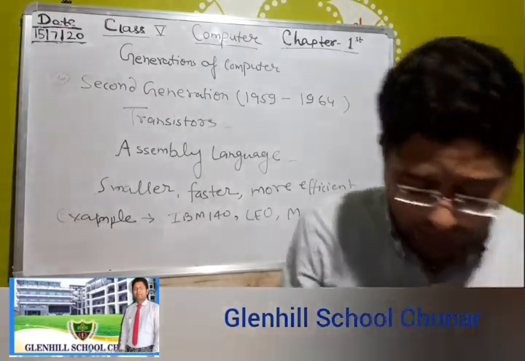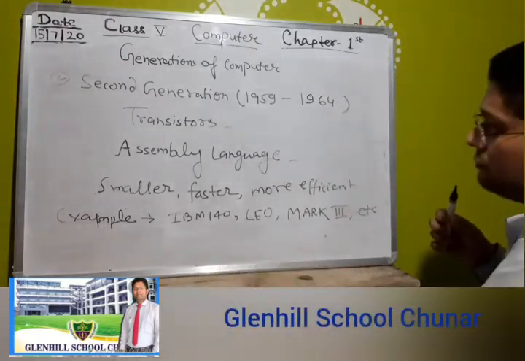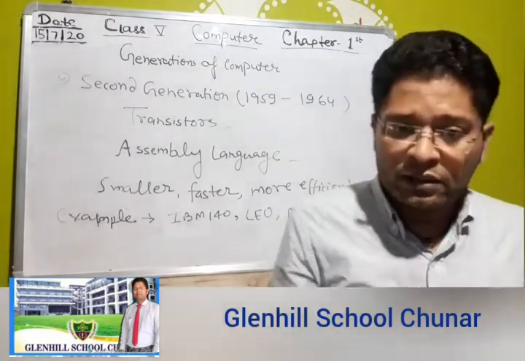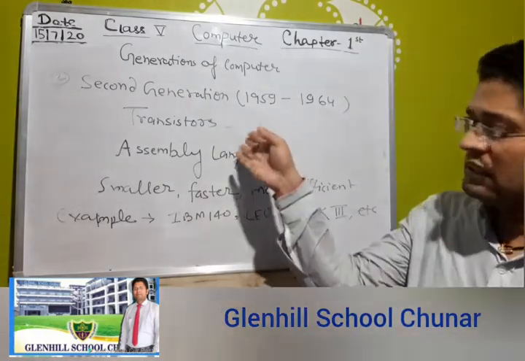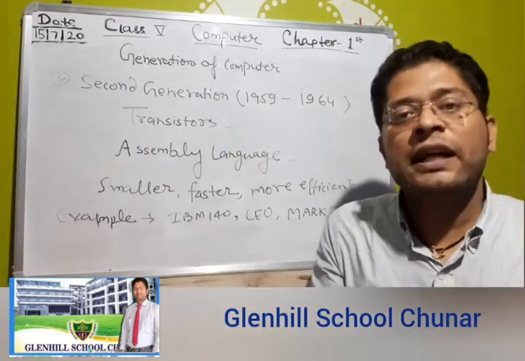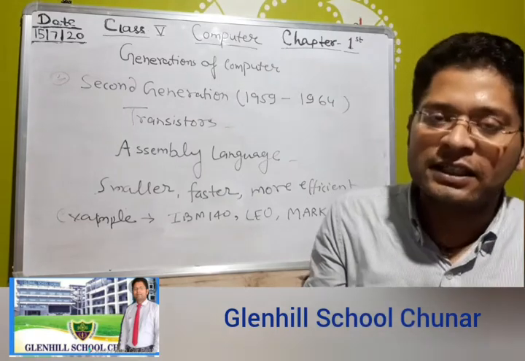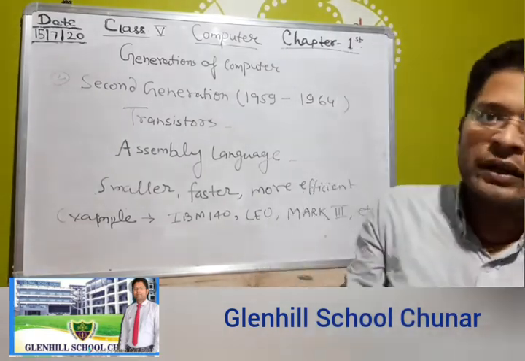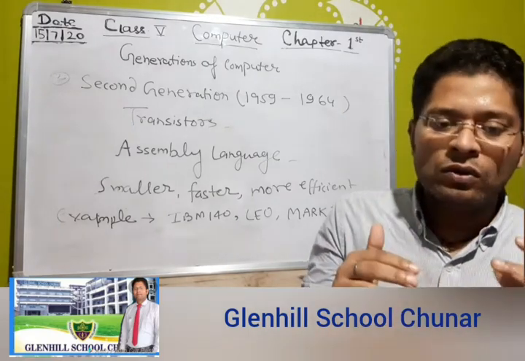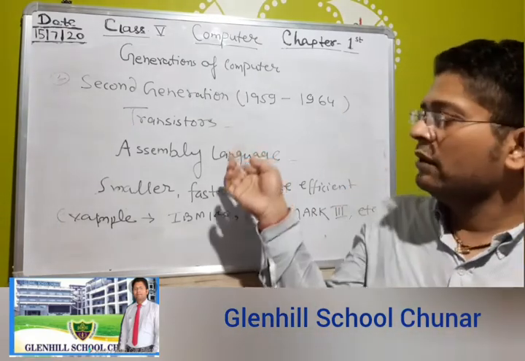You know what the features of second generation are? The electronic component used is the transistor, and size became smaller than the first generation. Operating speed became higher, cost became low, and the language used was assembly language.